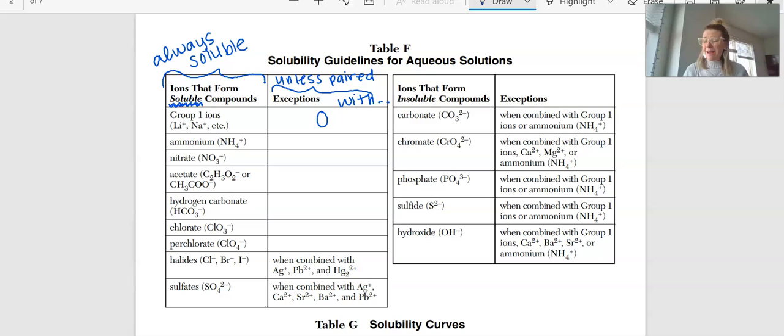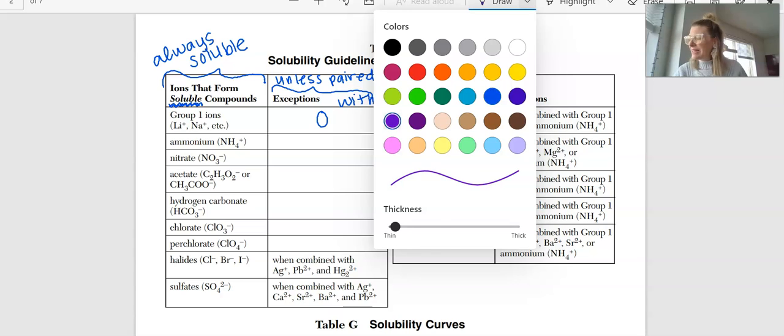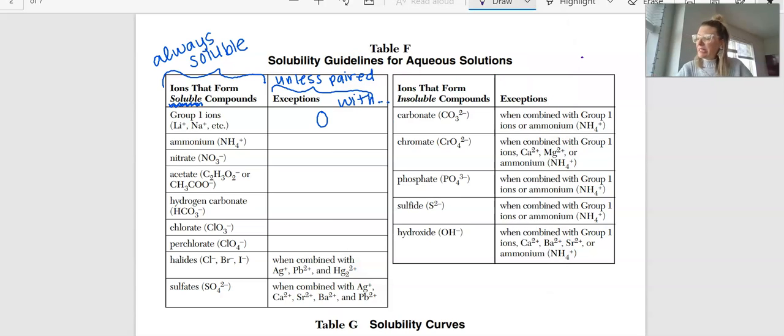So that means that if your compound contains a halide, it will always be soluble unless it is silver, lead, or mercury. Those would be insoluble.